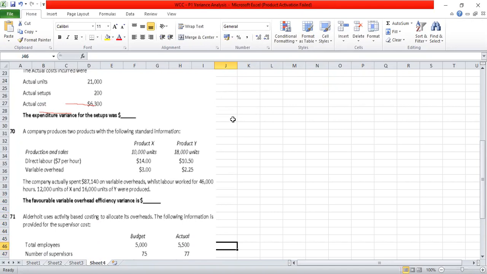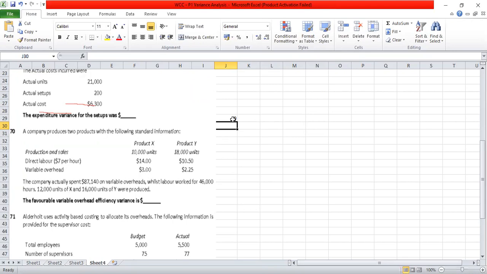Question number 70. A company produces two products with the following standard information. The details about product X and product Y are given. Production and sales are 10,000 units and 18,000 units. Direct labor is also mentioned at the rate of $7 per hour.